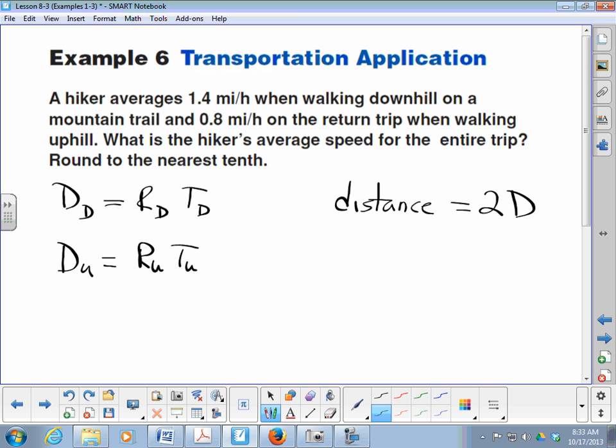So their distance downhill is equal to 1.4 times the time downhill, correct?